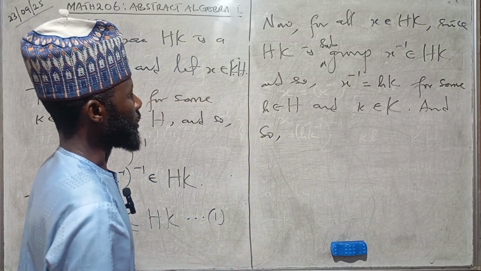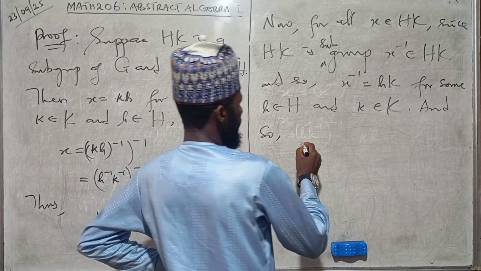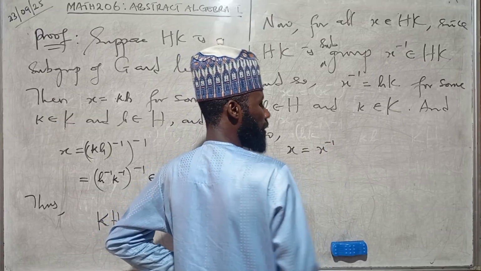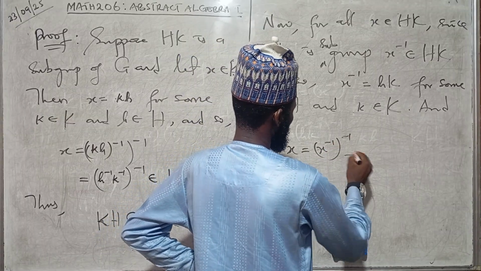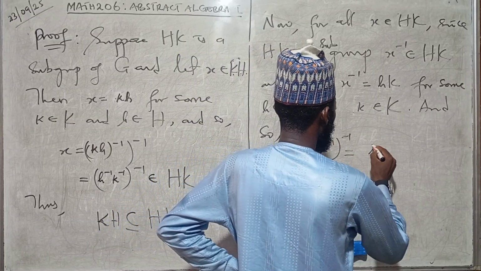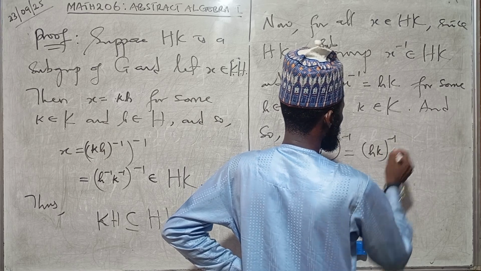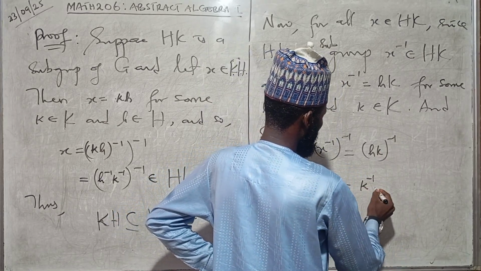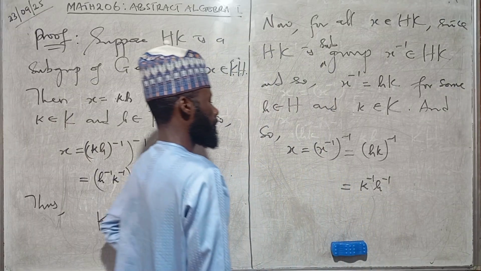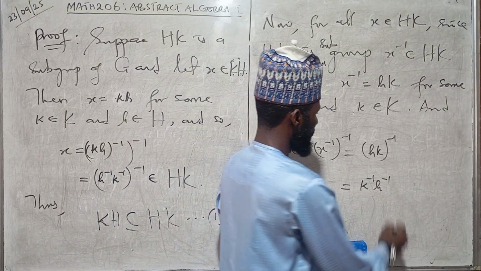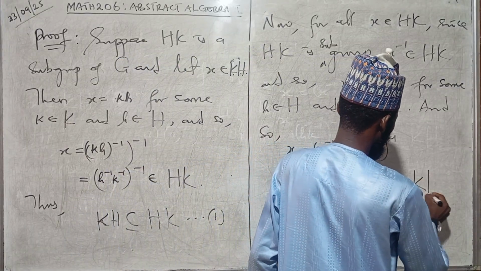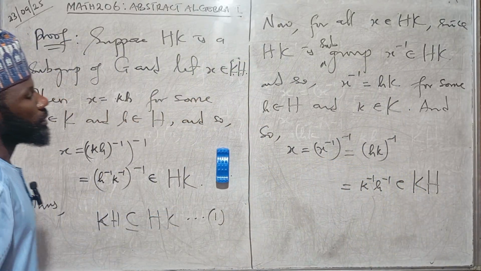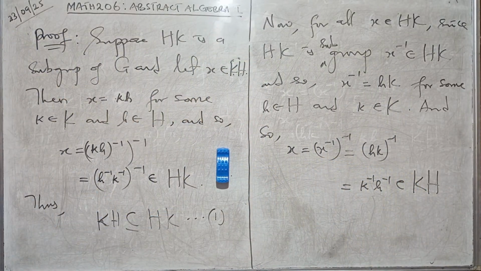And so X, which is equal to X inverse inverse, can be written as HK inverse, which is equal to K inverse H inverse. And now K inverse H inverse is an element in KH. This is where we want to arrive at. Is this okay? So this is the approach.